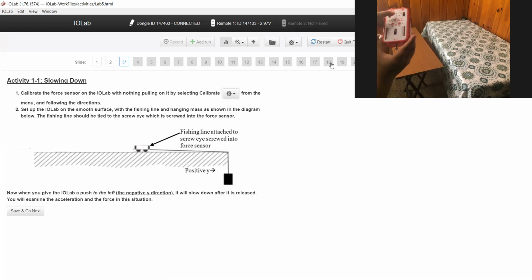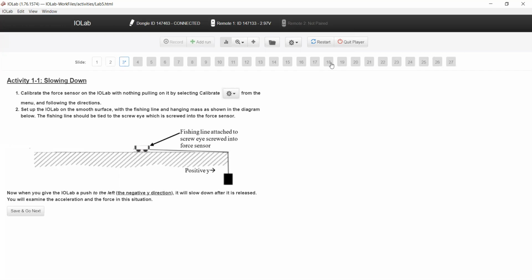So the positive y-axis will be like this for the motion. We'll set up our device like this. The force sensor is on this side, the positive y-axis is this side, and then you can click save and go next.